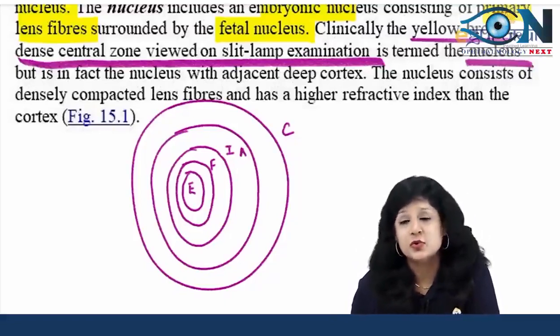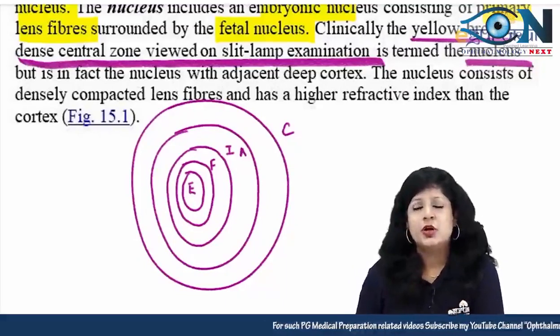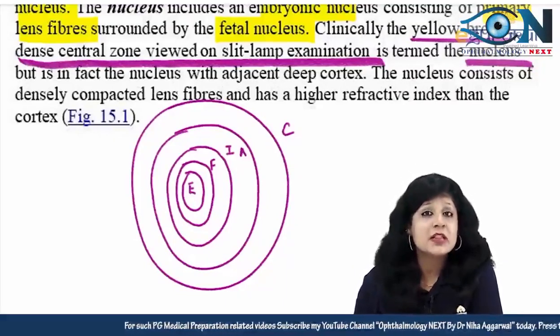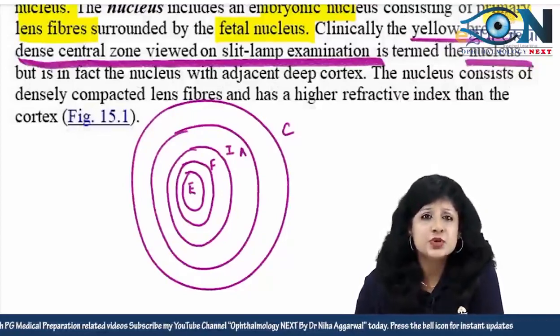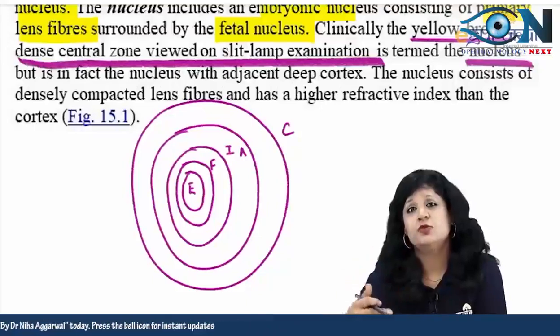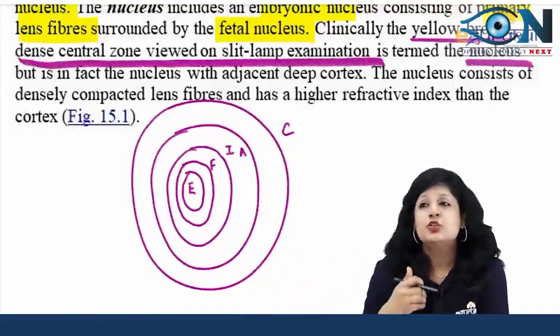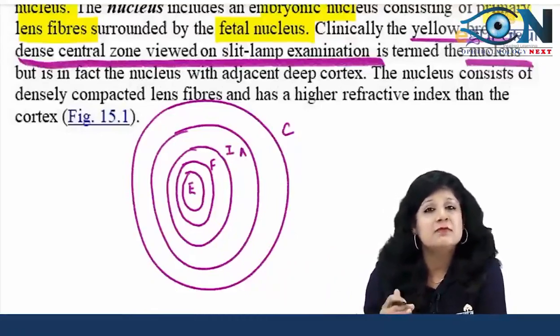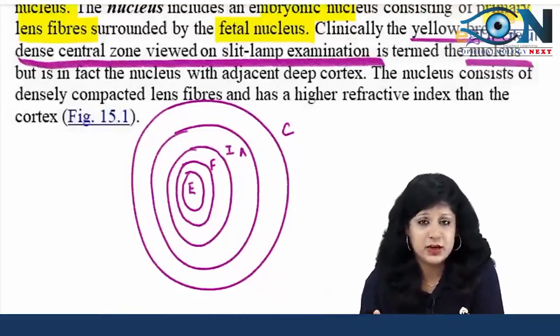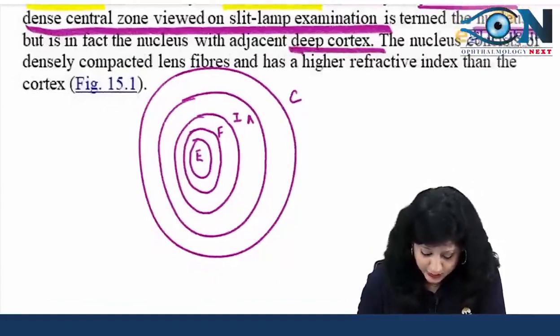Otherwise, the lens is totally transparent, and you won't be able to see the different layers. If you are able to see the nucleus, to start with it is grayish, then light yellow, then golden yellow, brown, black. Usually when you start seeing, you will get something yellow or brownish in color, and then we have the adjacent deep cortex also.